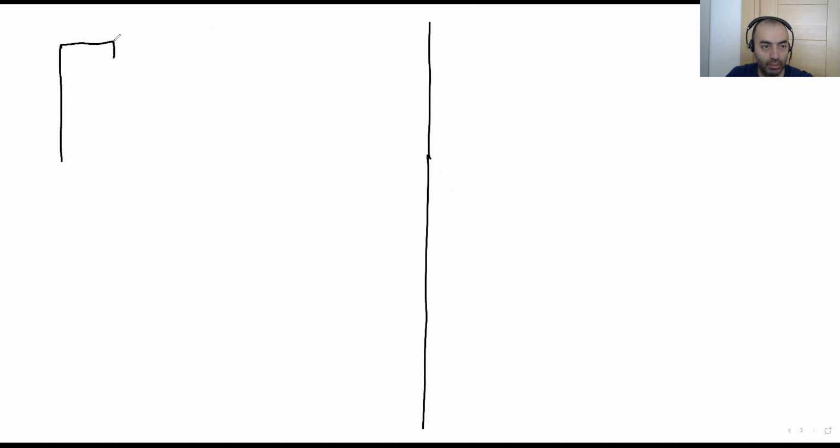For example, here, if we have a shape like this. Okay, this is my shape, and there is a circle here. This is a void.